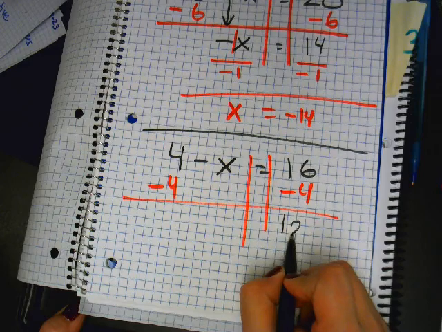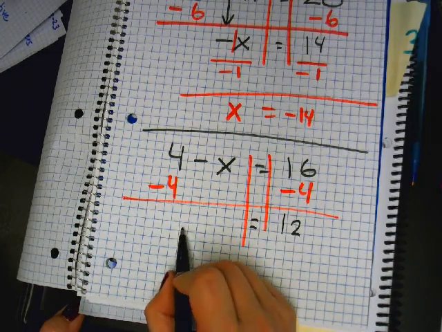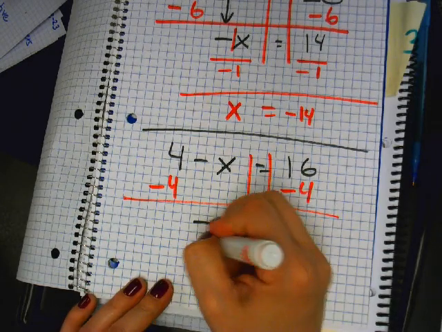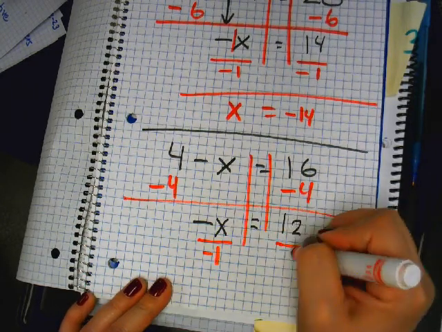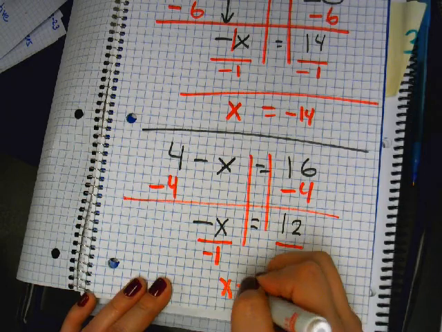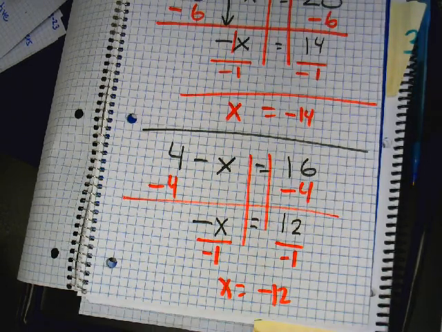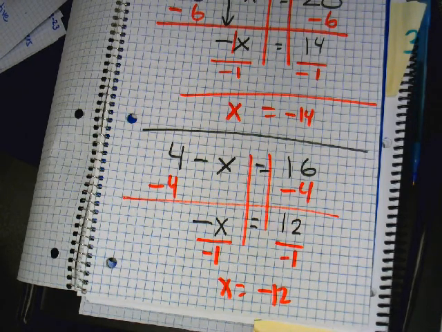Good. Equals what's left on this side? Negative x. So then you divide by negative 1, divide by negative 1. X equals negative 12. You'll get a lot of these in high school, a lot of negative x's. You don't get a lot in 7th grade, hence I didn't teach it to you right away.